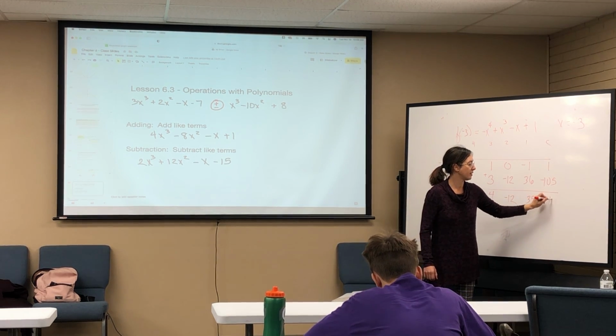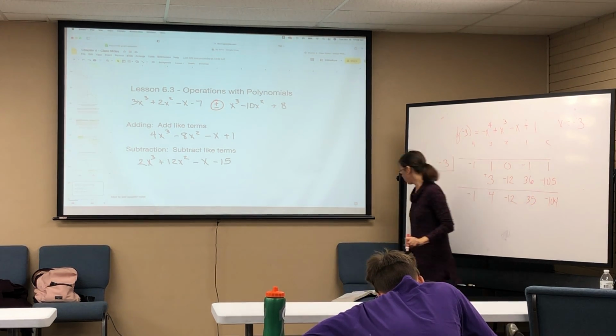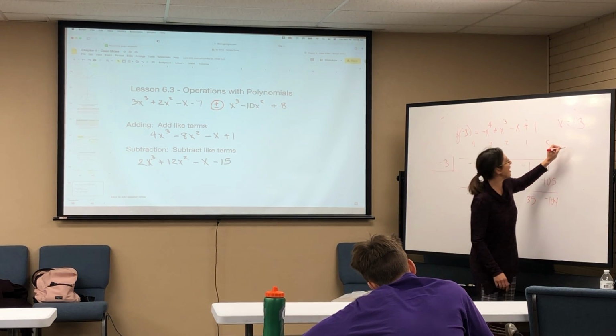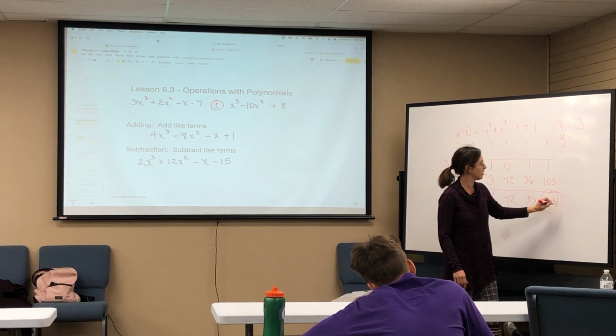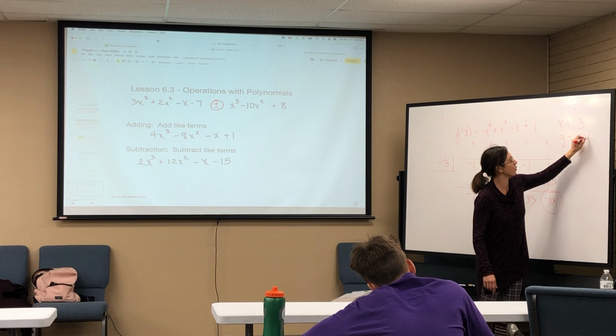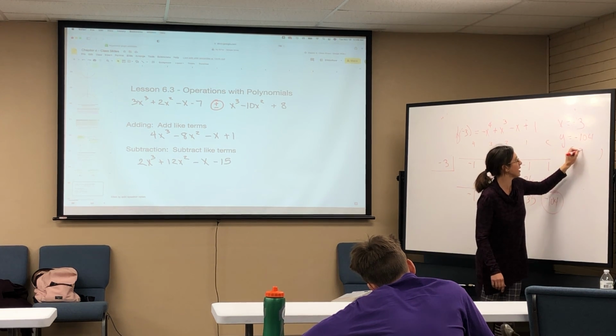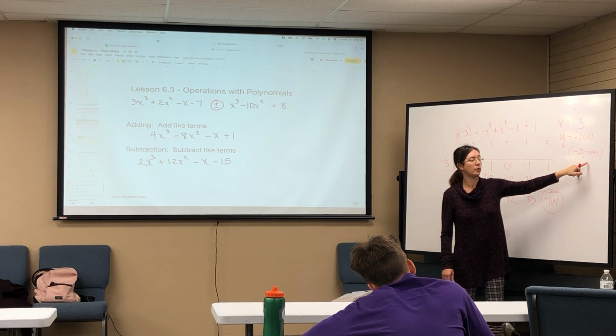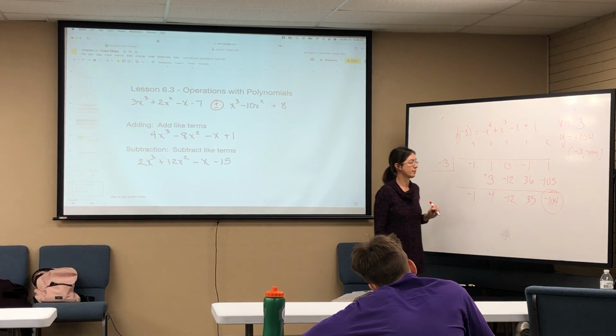So I have -104. Okay? So when x equals -3, y equals -104. This could be rewritten as a coordinate of x equal to -3 and y equal to -104.